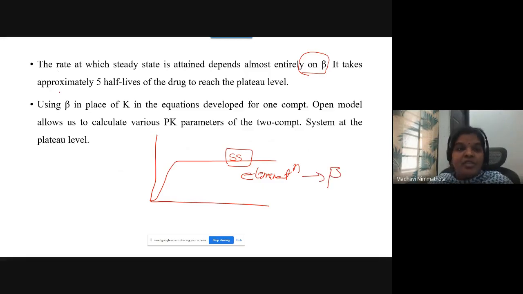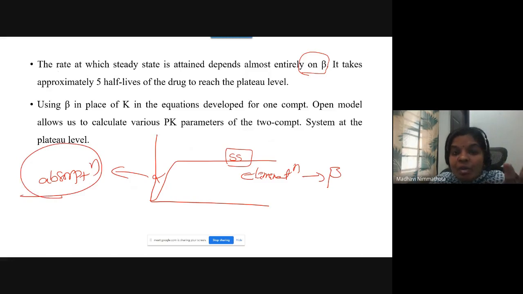That's why the steady state attained depends almost entirely on beta, not on alpha. Alpha is our absorption hybrid constant. The elimination process happens due to beta, the elimination rate constant.